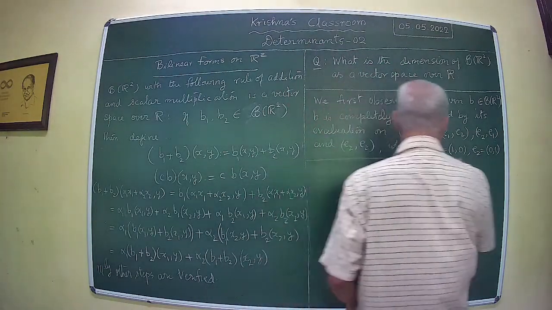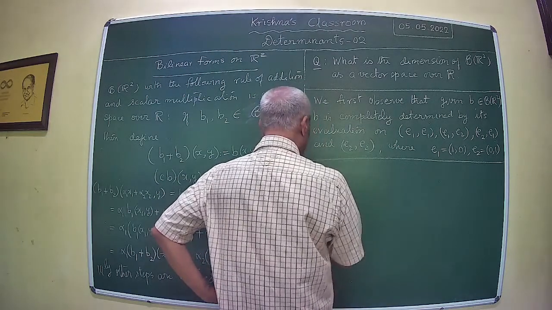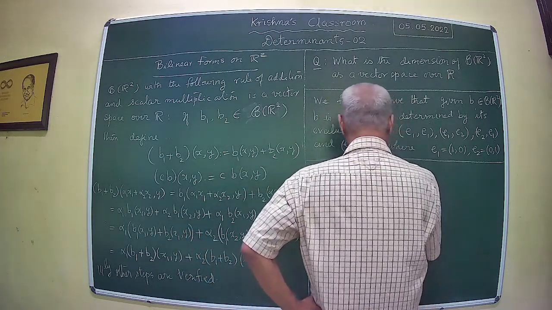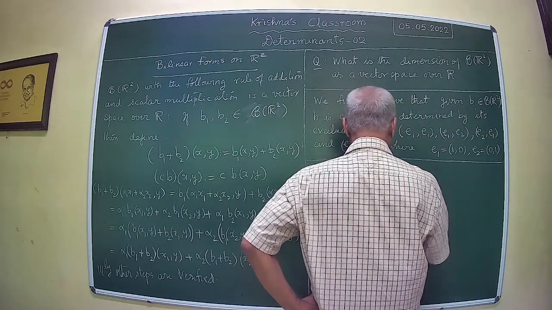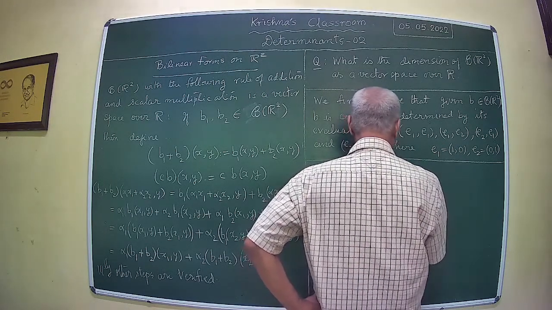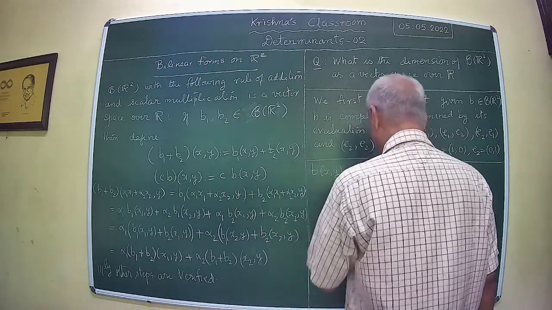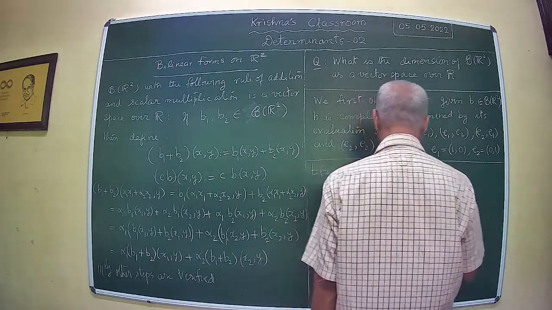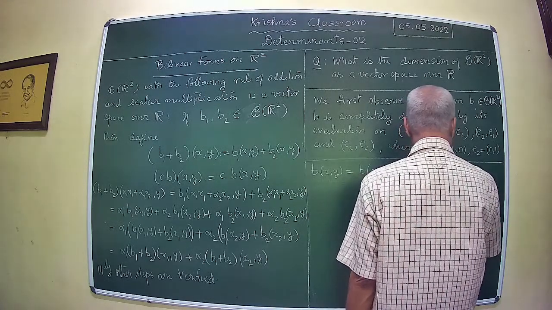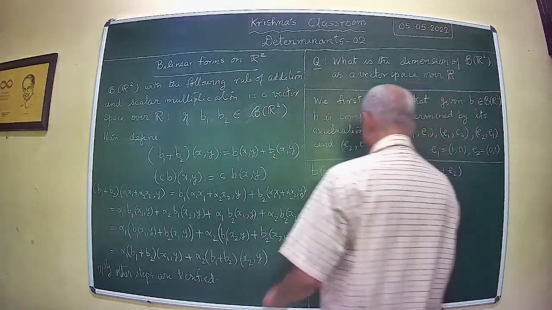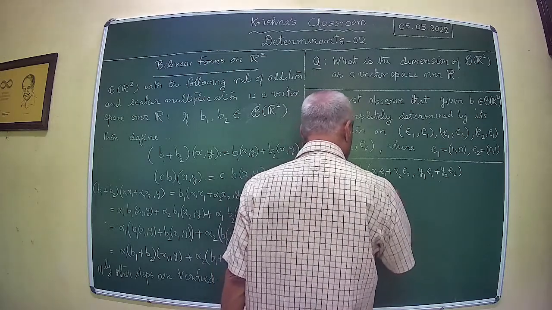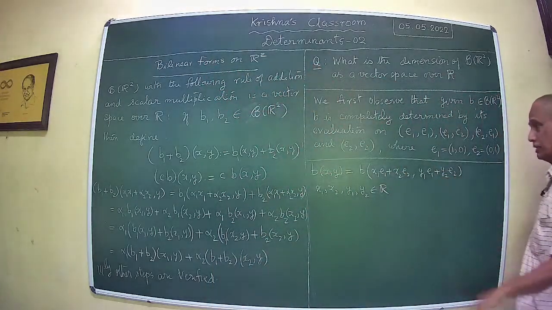This is easily seen because let us work on this. B(x, y) is equal to B of x1 E1 plus x2 E2, y1 E1 plus y2 E2, where x1, x2 are elements of R. Fine, this is not the earlier notation that we have used.